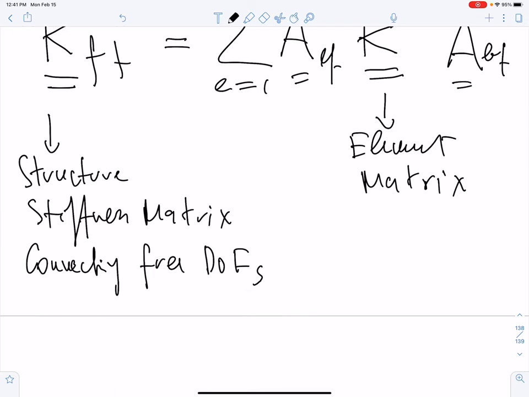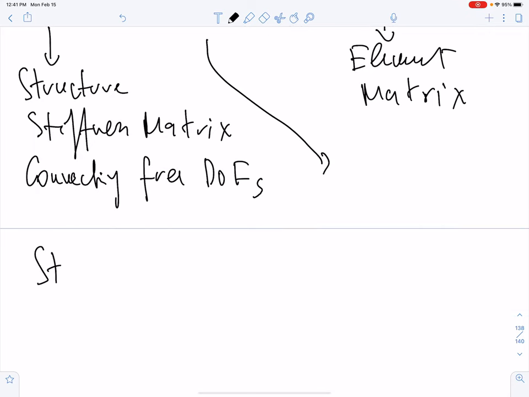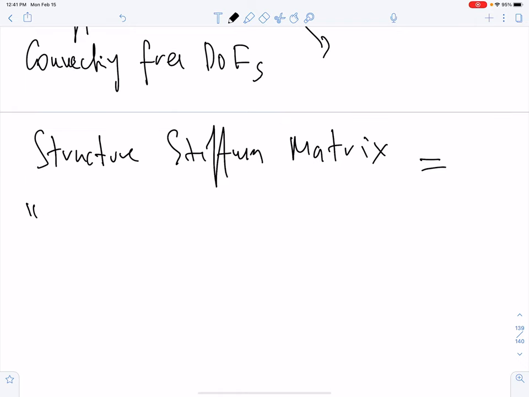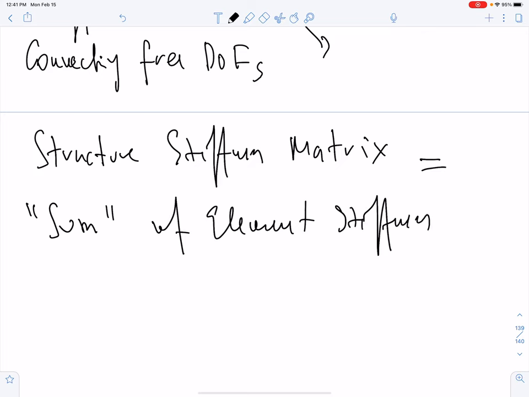And the takeaway message from here is that the structural stiffness matrix in some sense equals the sum of element stiffness matrices.